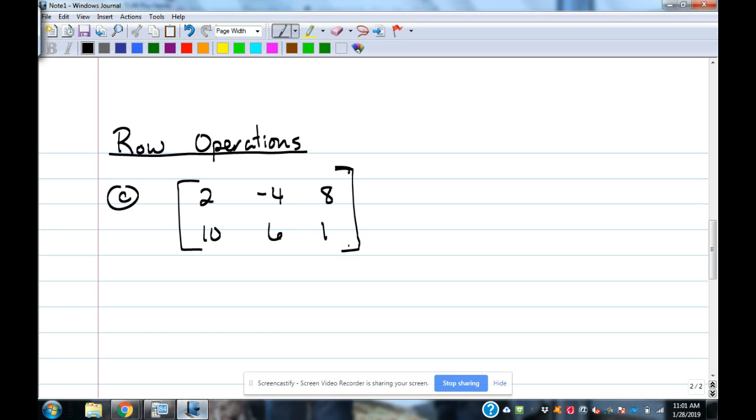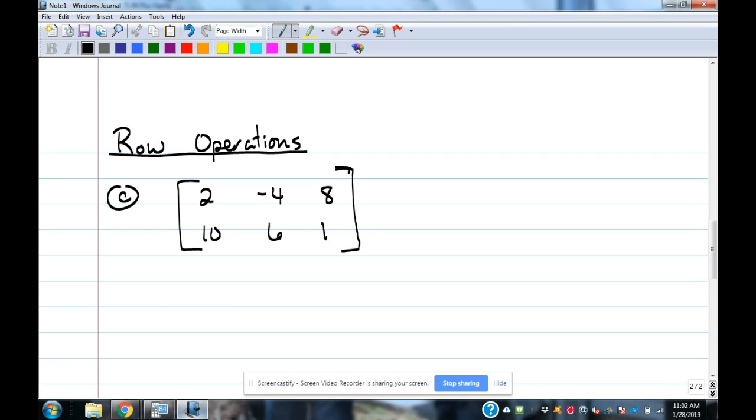So we got 2, negative 4, 8 in the first row and 10, 6, 1 in the second row. That's a 2x3 matrix. Row operations do not matter what size they are to start with. Okay? Doesn't matter what size because you're not combining it with a different matrix. You're just taking this matrix and doing a row operation or multiple row operations for that.